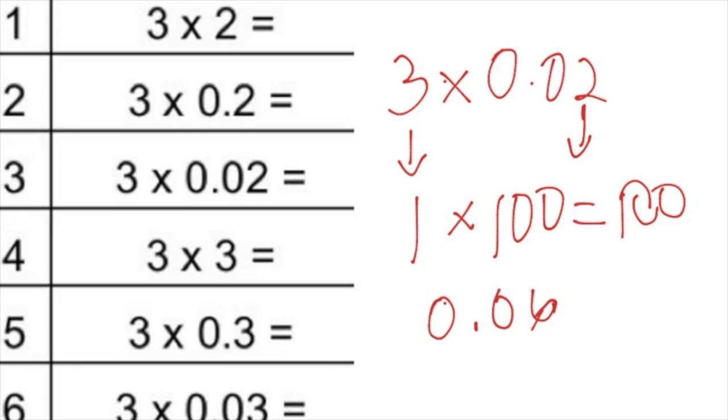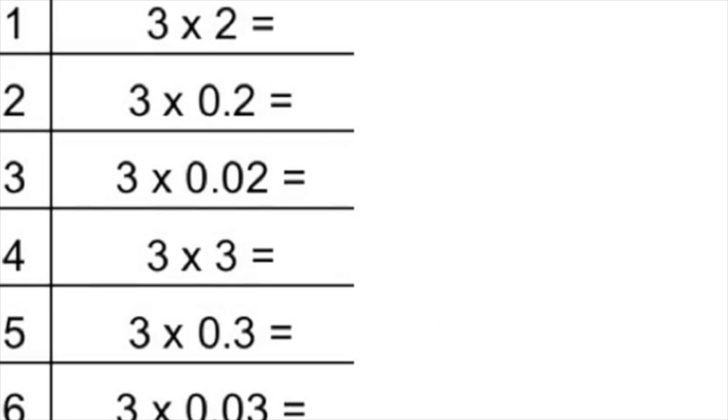Okay, now let's practice on your own, starting with number 4. 3 times 3, simple enough, it is 9. But let's also remember that the 3 is in the ones place, and the other 3 is in the ones place, which means our answer will be in the ones place, which is 9.